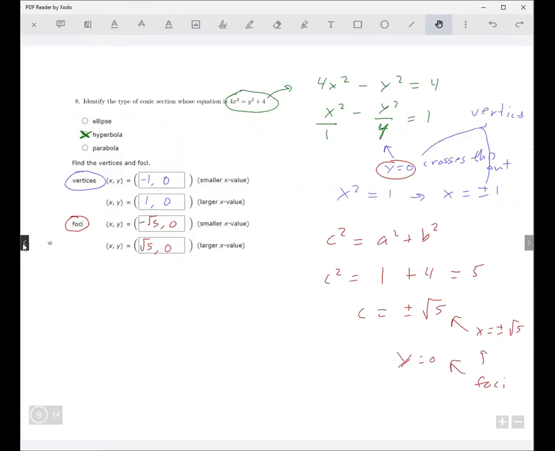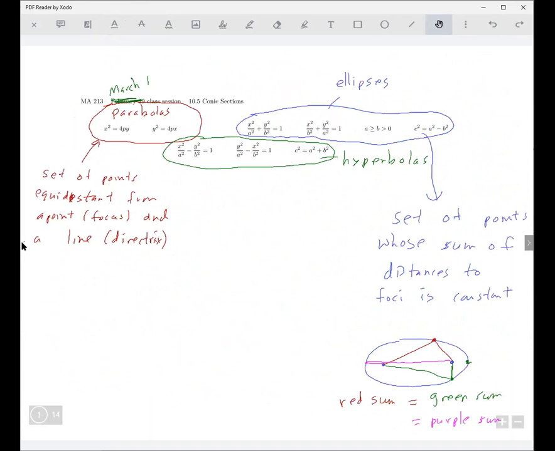And if you go back to the first page, this right here is the pattern for when you have a parabola that opens left or right: y squared equals 4px.